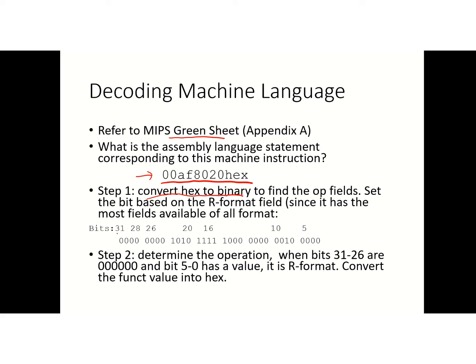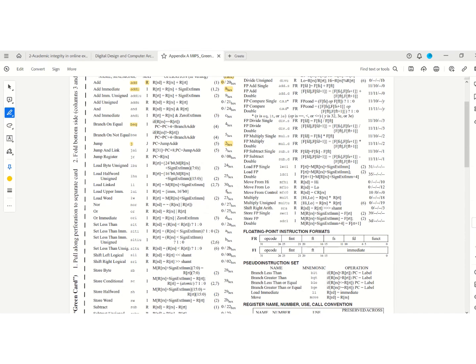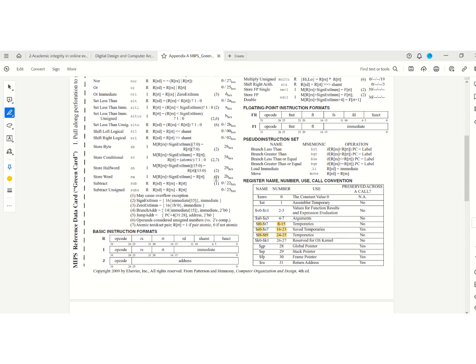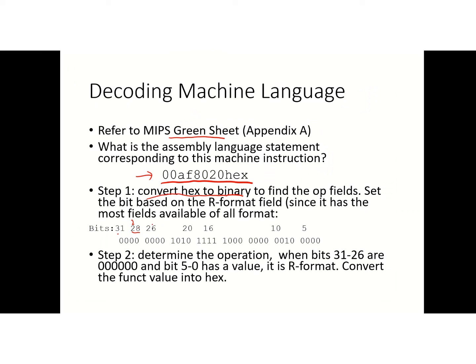So we have 31 until 28... Sorry, it should be 26. 31 until 26 here will be the opcode.